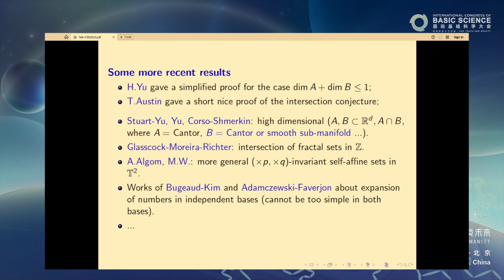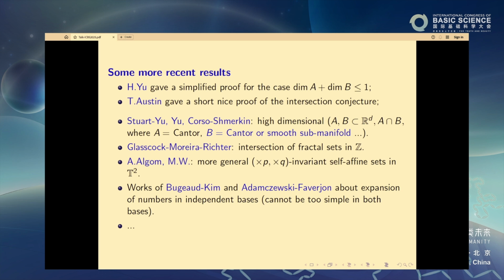There are different works, like Stuart, Yu, and more recently the work of Pablo with Corso. They gave a substantial generalization of this result in the high dimensional situation, and probably we will hear more about this in Pablo's talk this afternoon.